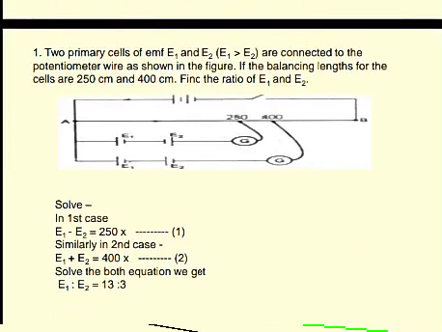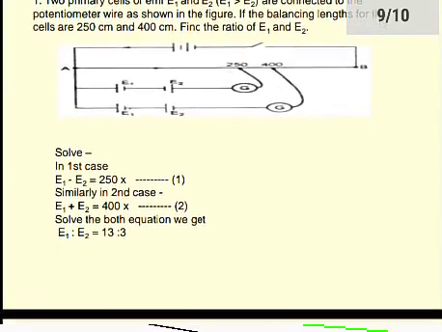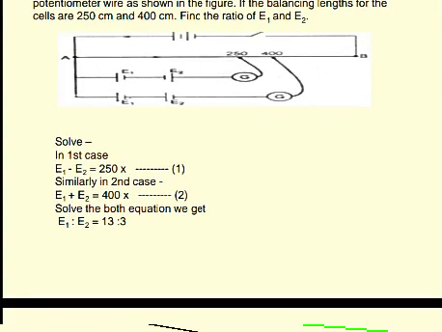The working of the potentiometer is based on the null deflection method, so the resistance of the wire becomes infinite. Thus, the potentiometer can be regarded as an ideal voltmeter. On the basis of these applications, we solve a few questions.